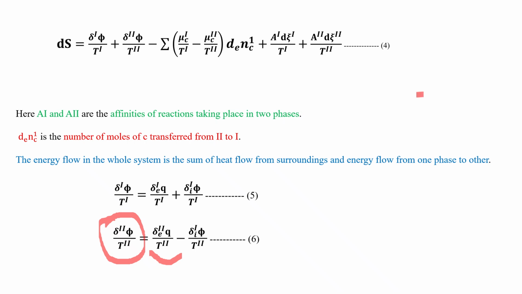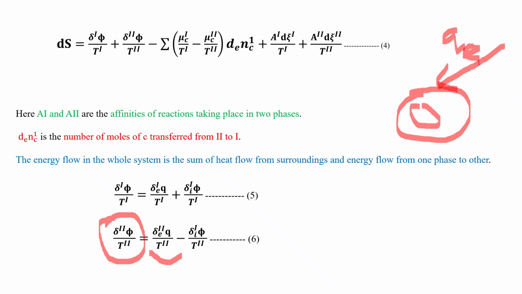Of course, if the heat is obtained from the surrounding, definitely it will be moving to system 1 and 2. Both system 1 and 2 will experience the heat exchange by the system. So first you can see dQ, which means the heat flow is from the surrounding to the system and then to phase 2 of the system.